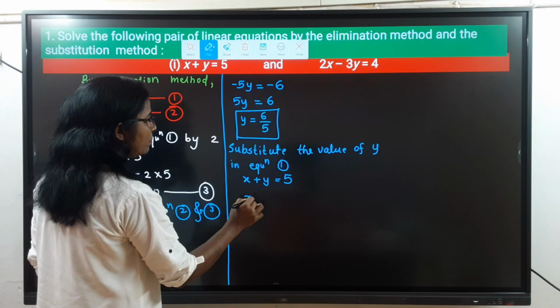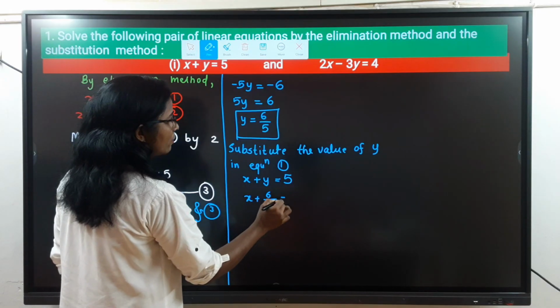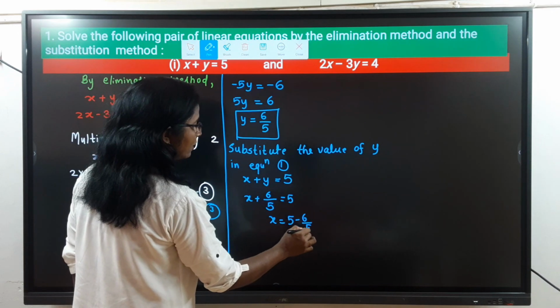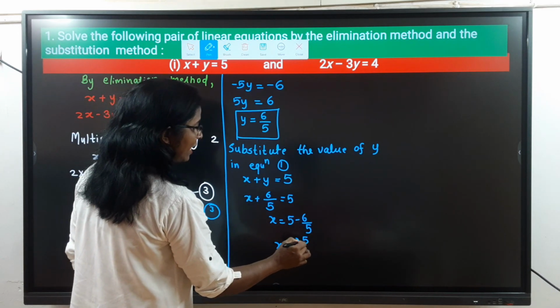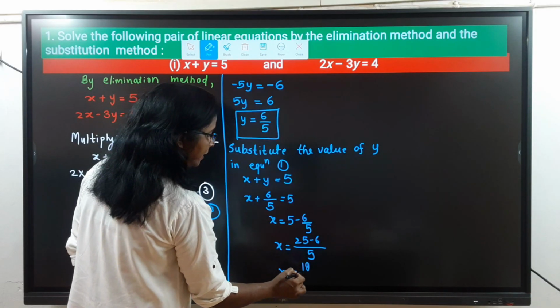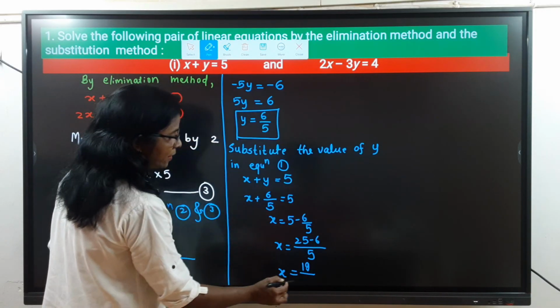So x plus 6 upon 5 is equal to 5. That means x is equal to 5 minus 6 upon 5. So x is equal to 25 minus 6 upon 5, so x is equal to 19 upon 5.